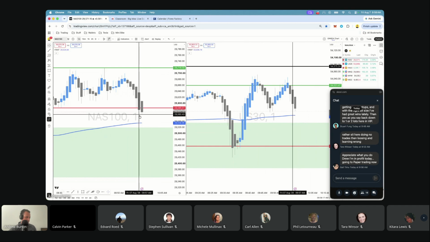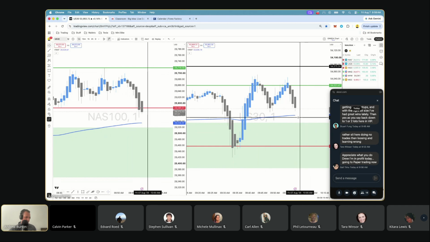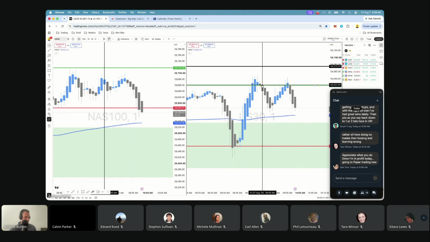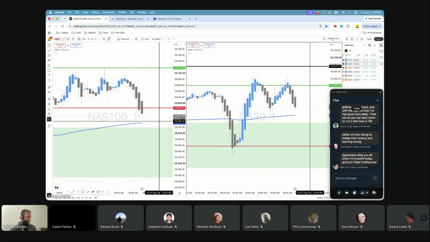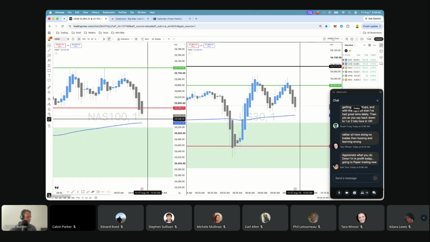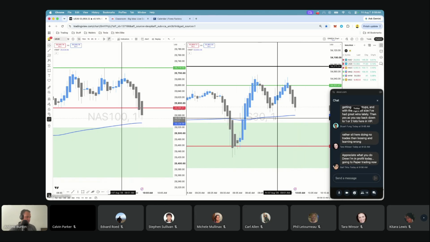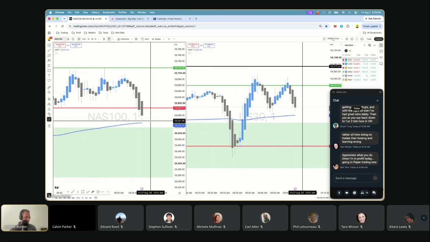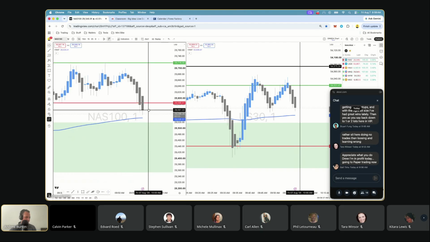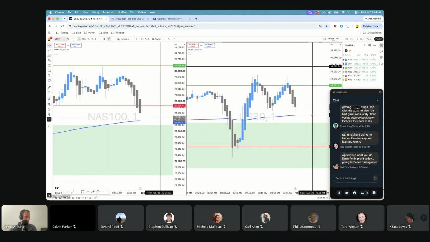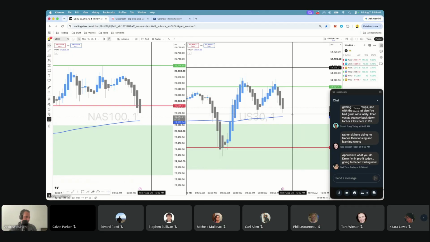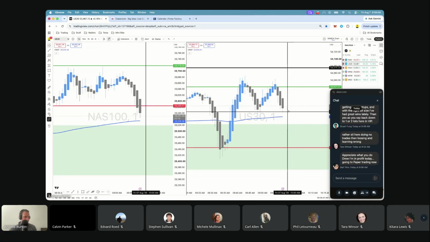Yeah, so this looks like it might give a liquidity sweep as well. This one, I think it's just ranging within here. Okay, that's actually pretty good. You don't want to buy on the VWAP though. Okay, US 30.